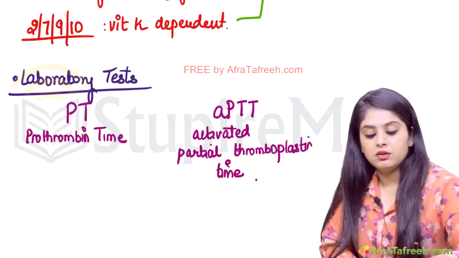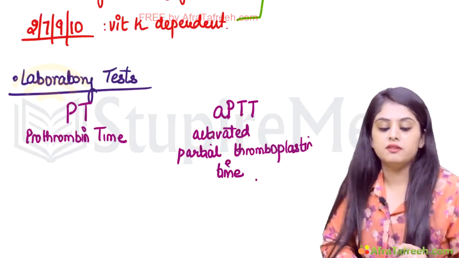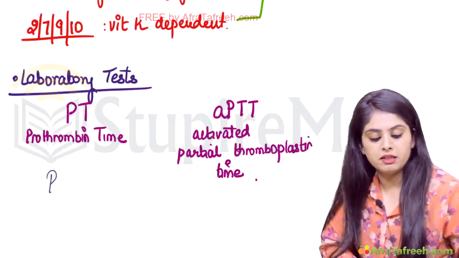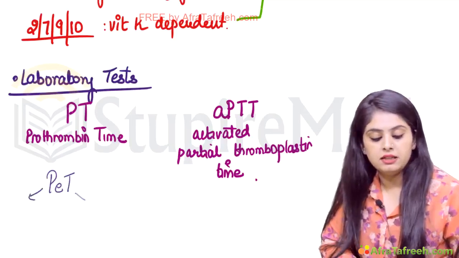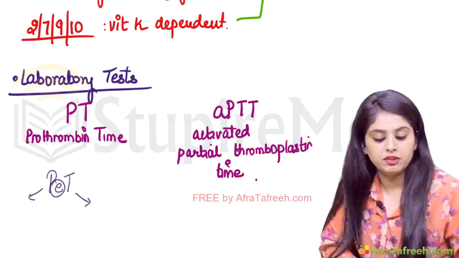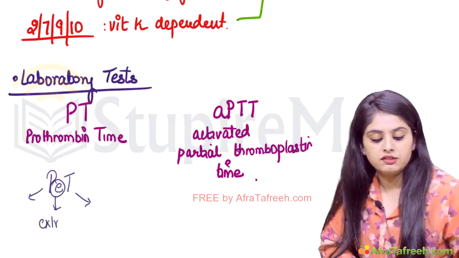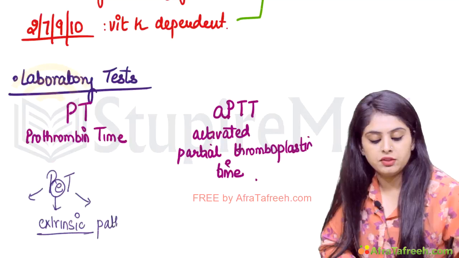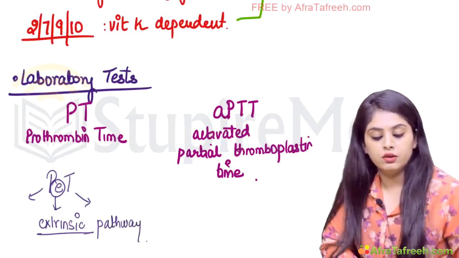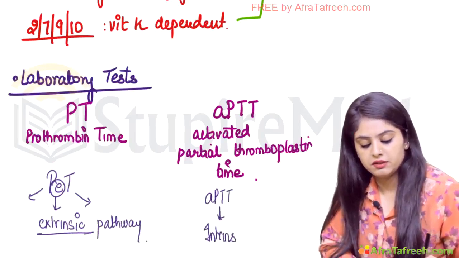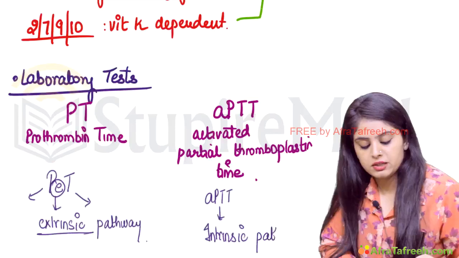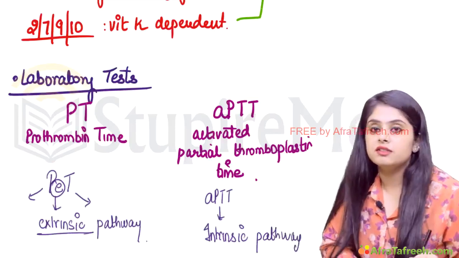Now remember which test is for which pathway. So we will remember it by the mnemonic PET. PT, prothrombin time, is for the extrinsic pathway. So automatically APTT will be a measure of the intrinsic pathway. Again, this is a question that has commonly been asked in the previous years as well.